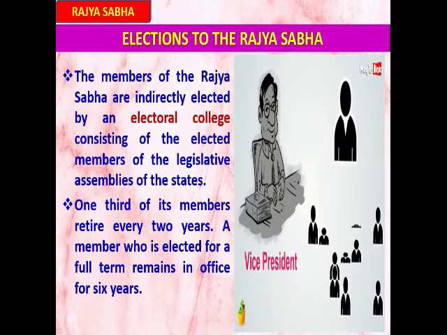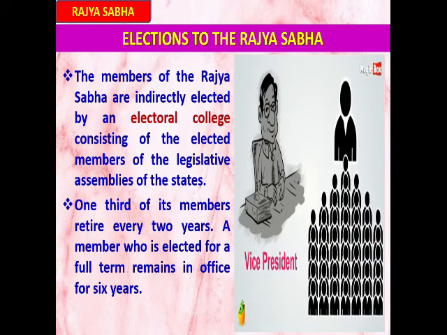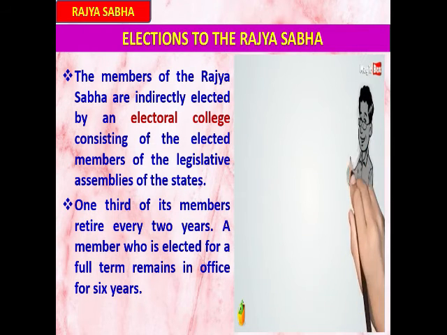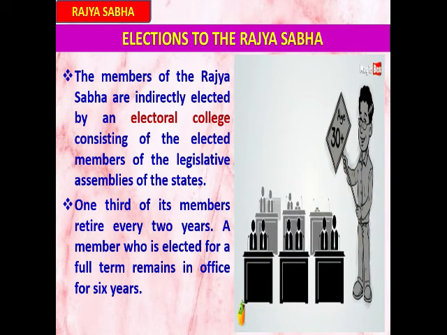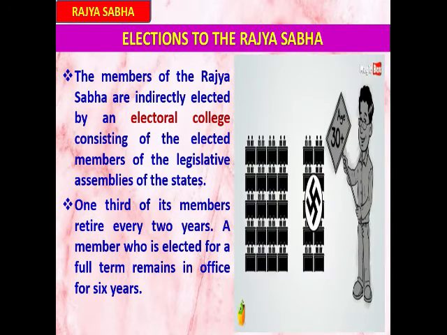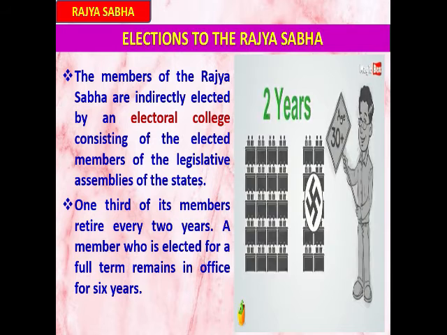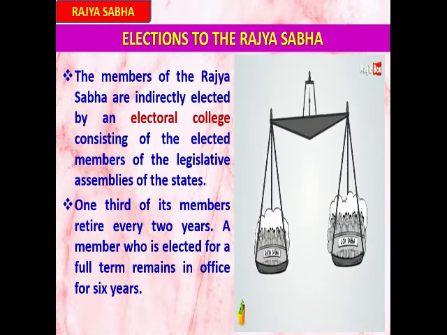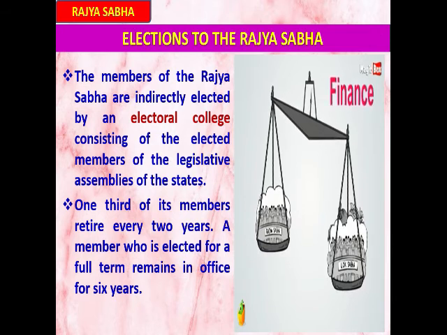The deputy chairman is elected by the members from among themselves. No member of Rajya Sabha can be under 30 years of age, and each member has a term of office lasting 6 years. But one third of the members face re-election every 2 years. Rajya Sabha holds equal law-making power with the Lok Sabha, except in the area of finance, where the Lok Sabha can override the Rajya Sabha's vote.